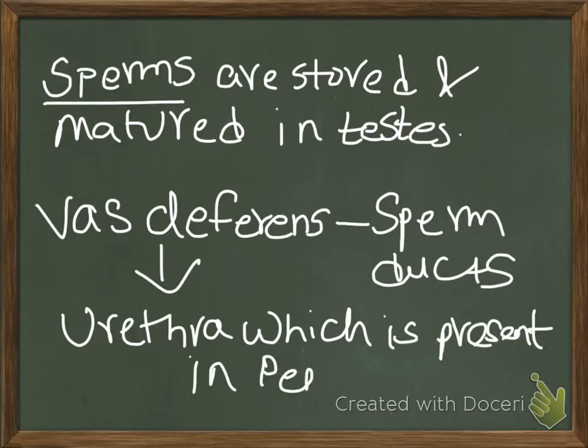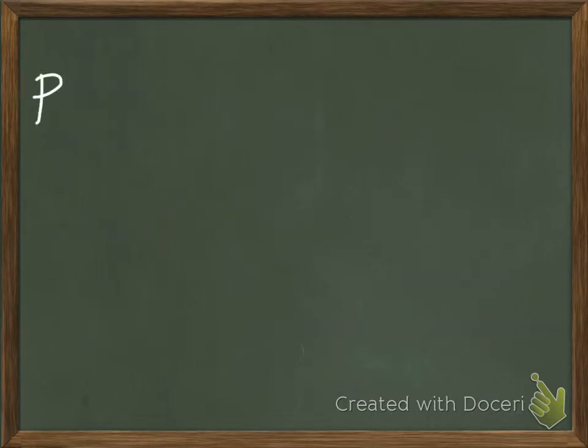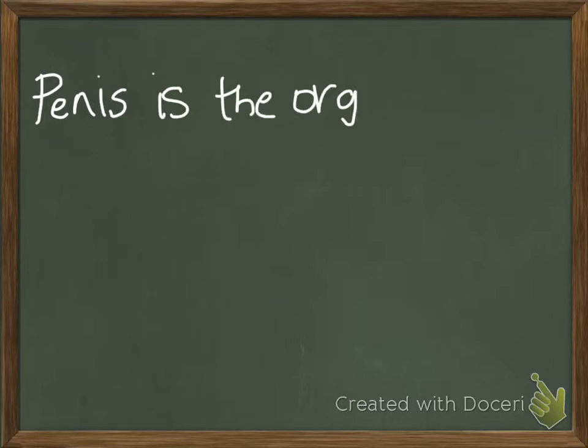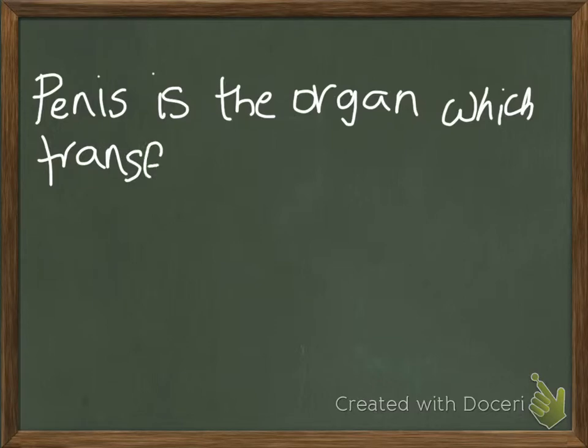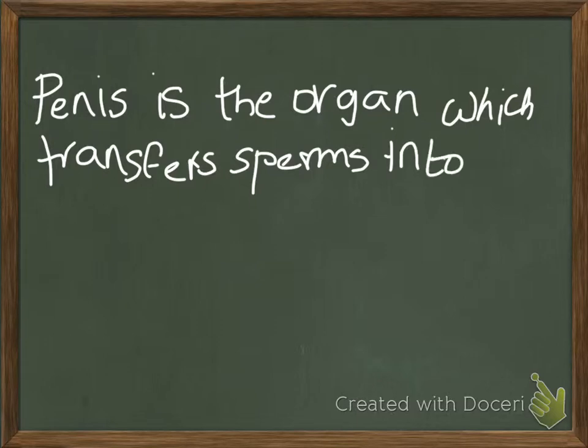As I said, what happens during reproduction? The sperm ducts carry the sperms to the penis and to the urethra which is present in the penis for reproduction. Now what is the penis? The penis is the organ which transfers sperms into the female reproductive tract.